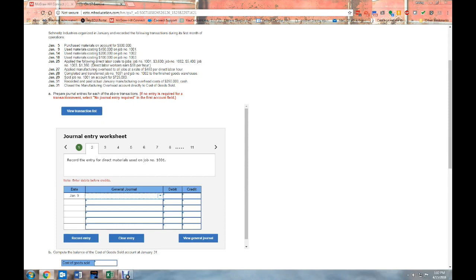Therefore, those costs are moving from that inventory account into work in process inventory. Job number 1001 is being worked on, so it counts in our work in process inventory. So we used materials, so that came out of the stuff we just purchased, materials inventory. So we have to take those costs out of inventory, moving them into work in process inventory, moving those costs around.